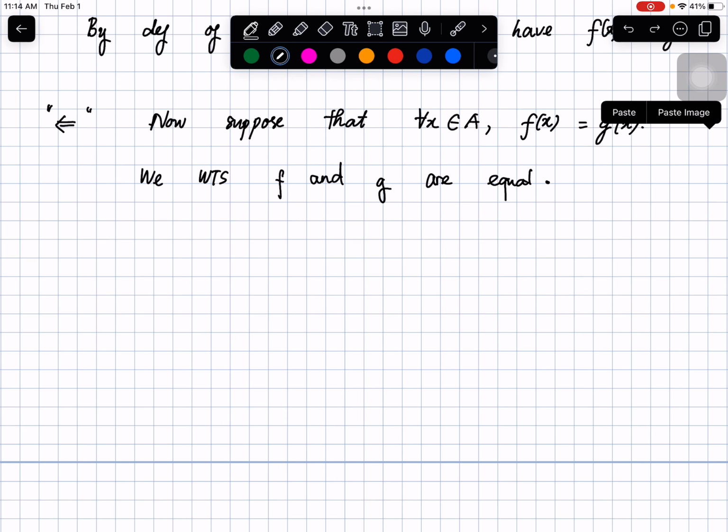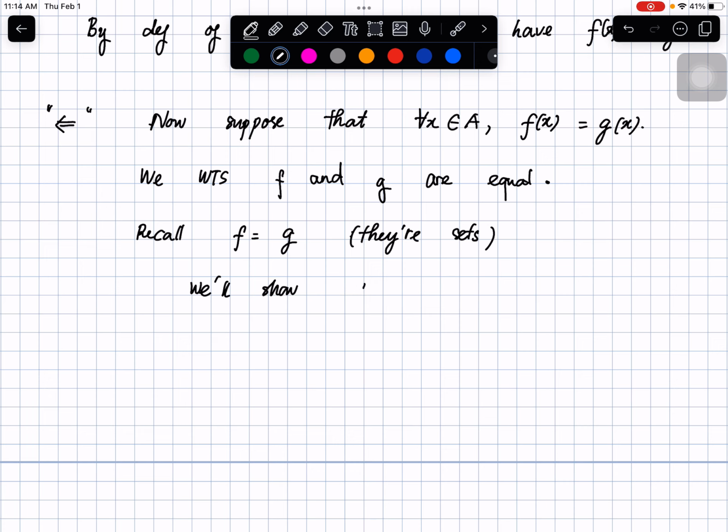Okay, so recall, we need to show that f equals g in terms of sets. They are two sets, so we will show, as always, that f is a subset of g and g is a subset of f.